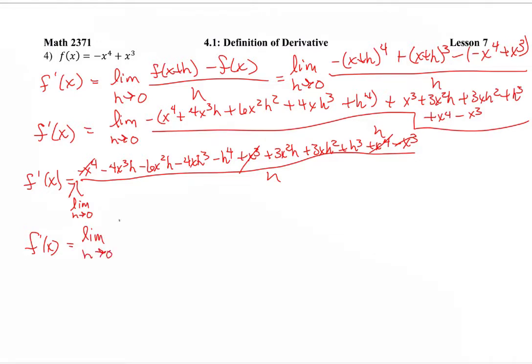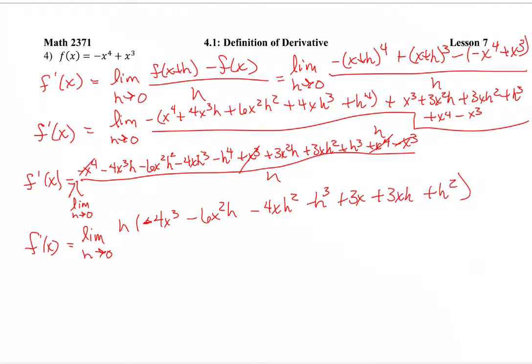And I'm going to pull my h out, h times minus 4x cubed minus 6, that should have a square on it, x squared h minus 4x h squared minus h cubed plus 3x squared plus 3xh plus h squared, all over h.